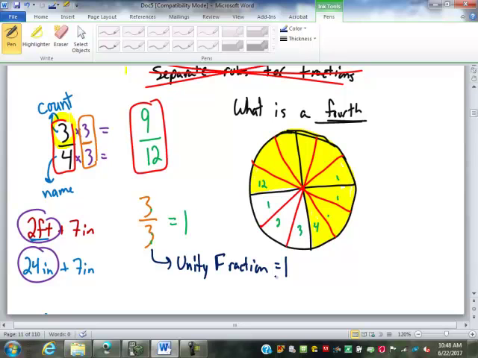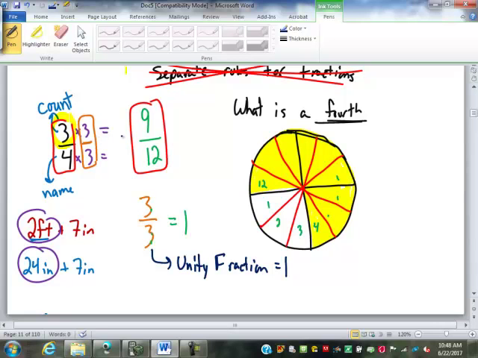There was a unity fraction involved there. When you get into college algebra or intermediate algebra, there are unity fractions involved for a lot of different things we do. So we were able to rename this by multiplying the top and bottom by the same number, multiplying by a unity fraction.